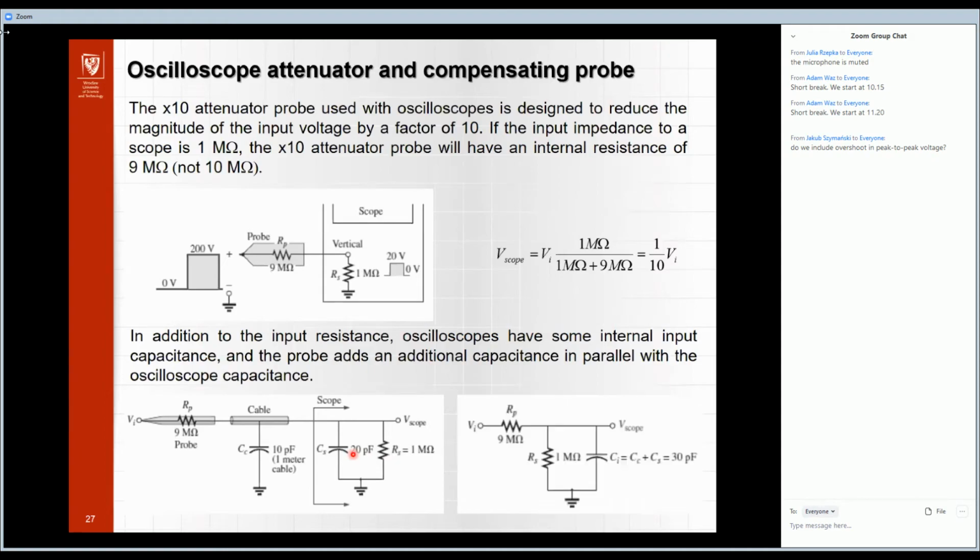Okay, so we can change this schematic into the electrical schematic only, and so we have the resistance which we put in the probe, 9 megaohms, and here we have the capacitors, internal plus cable, and so it is the V scope.